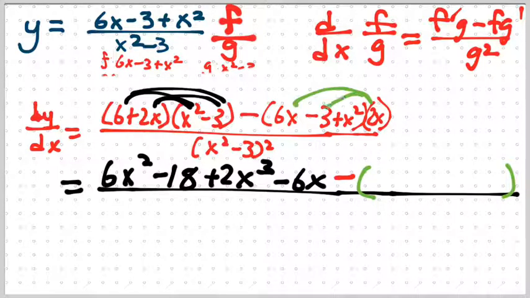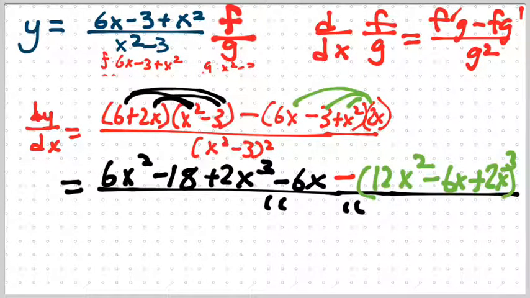I'll try to keep my parentheses here consistent at least. If I distribute the 2x, I would have 12x squared minus 6x plus 2x cubed over the same bottom as before. So I'm not even going to write that, I'm just going to say see above.